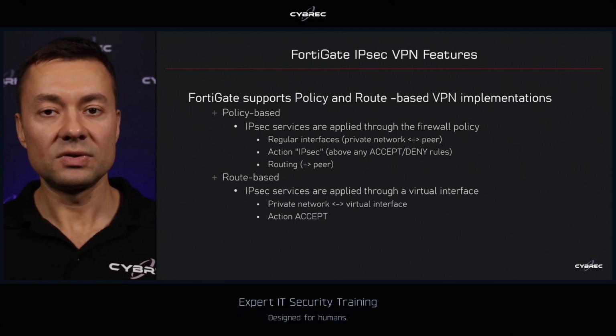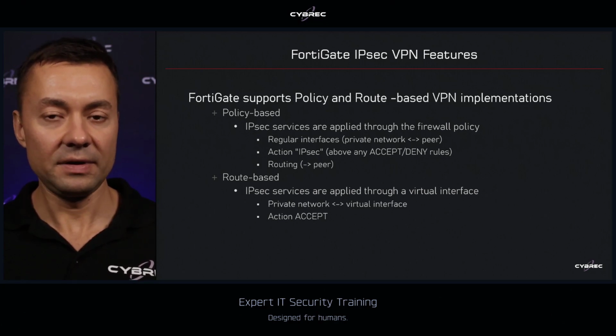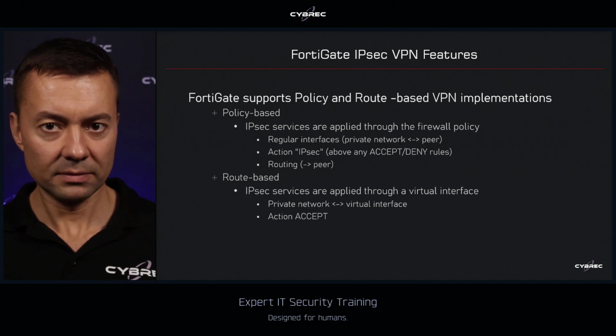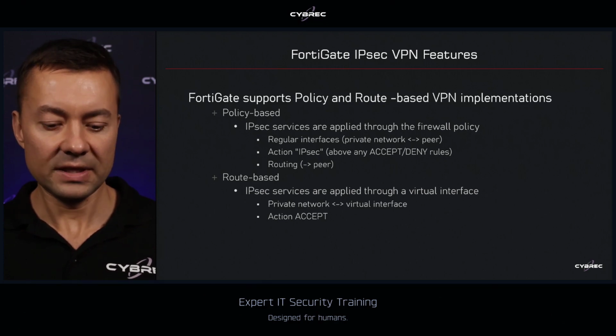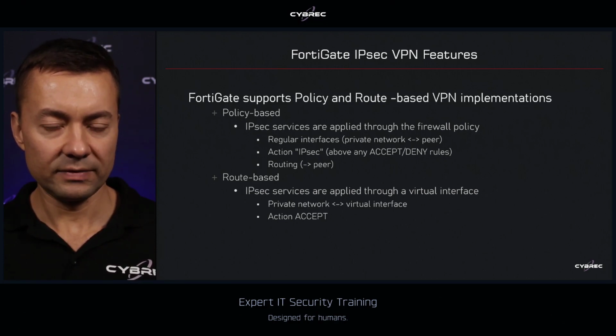Our firewall policy is only going to be used to control the traffic that traverses the VPN tunnel. It is not used to establish a VPN tunnel or activate the VPN itself. It is only used for traffic control, like what it normally does. So no IPsec action is involved in this case.